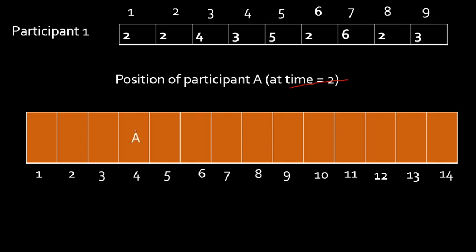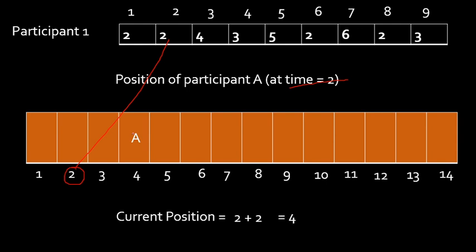Can you understand this? A has moved from 2 to 4. The current position is again calculated as this position plus the number of steps. So 2 plus 2 has given us the answer as 4.